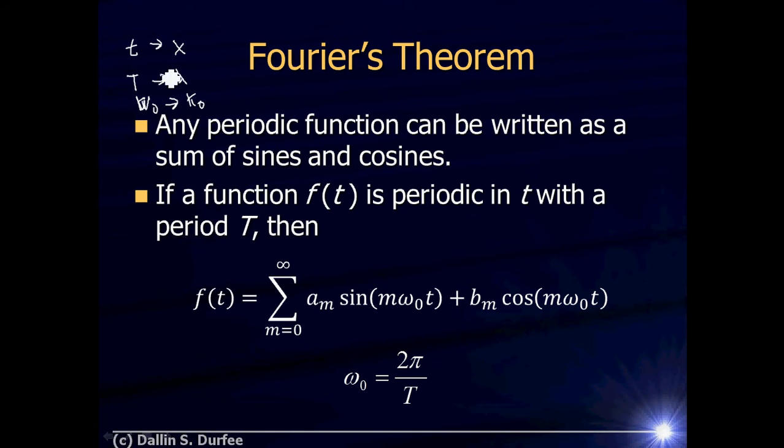If anything I have in time, I find the equivalent for that in x, and I can write a Fourier series in x. I can write a Fourier series for something that's periodic in anything: salinity, intensity, happiness, dankness. I can write that function as a sum of sines and cosines using a Fourier series.